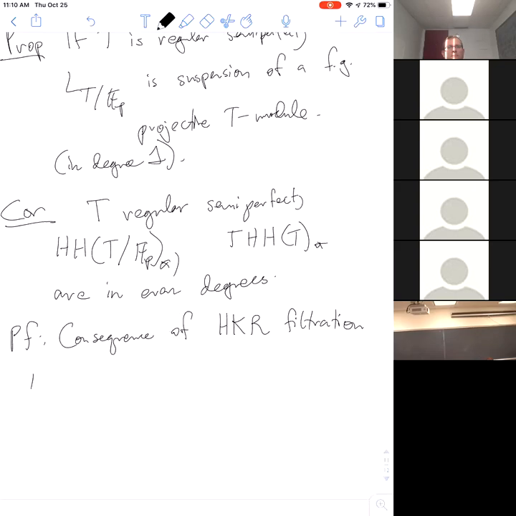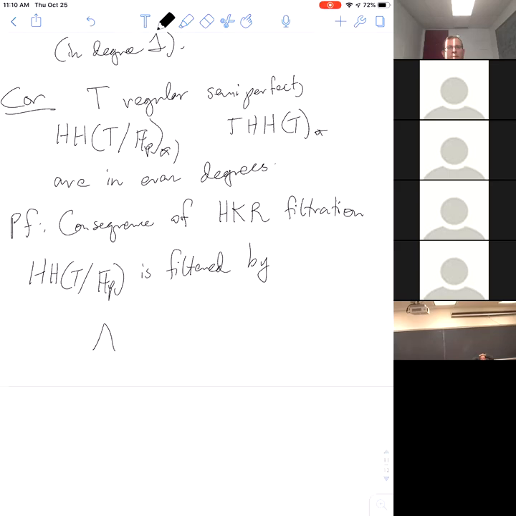The reason is that the Hochschild complex of T over Fp is filtered by terms whose associated graded looks like wedge i. So it's filtered, and gr i is wedge i over T of the cotangent complex of T over Fp.